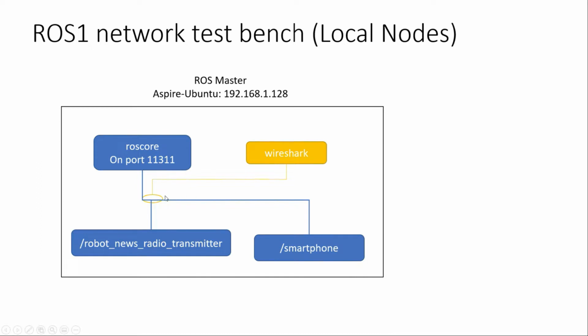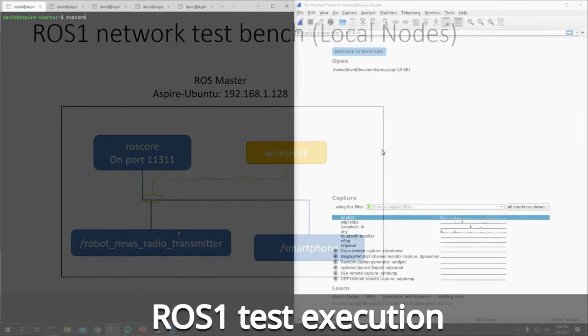I'm going to have Wireshark looking at all the local traffic, so it should see everything going on between the nodes and the master within that machine. I'm going to run the Robot News Radio transmitter, which publishes a topic, and then I'm going to run smartphone, which subscribes to a topic. So while all that's going on, I'll have Wireshark capturing all the traffic.